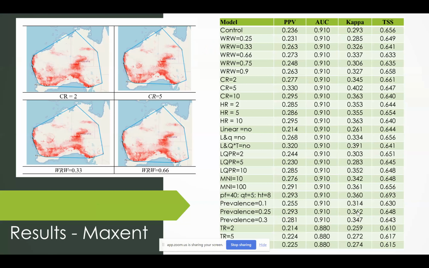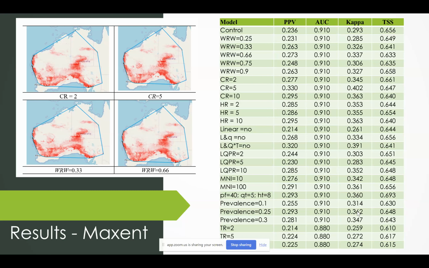Based on this, we used SDM to simulate those models, collected all their evaluation results and distribution maps, and compared the values and some important distribution maps.